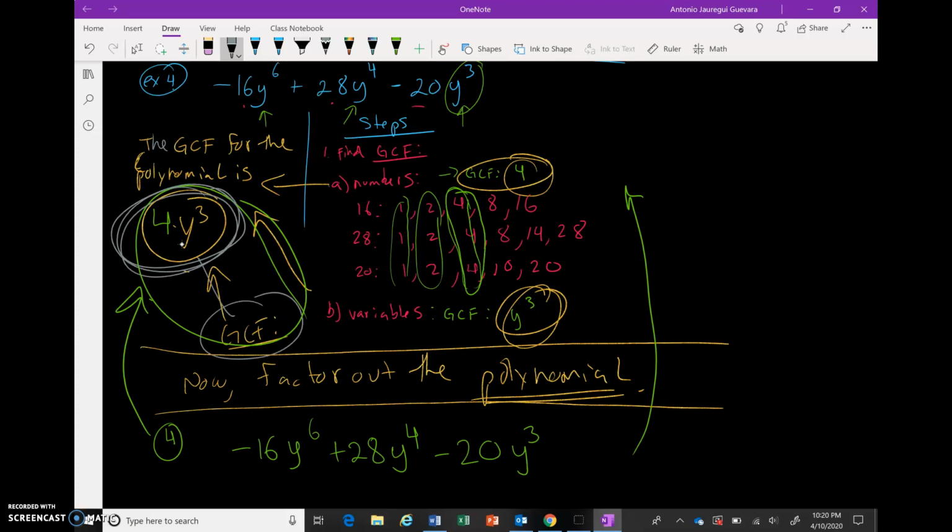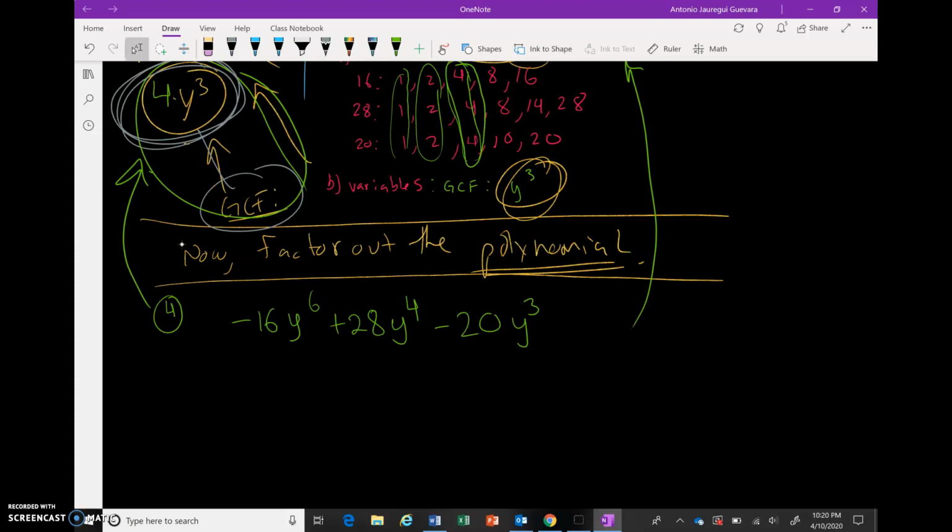This is my greatest common factor. So, steps: factor out the GCF. I'm going to put 4y to the power of 3, and then I'm going to put a big old parentheses here.